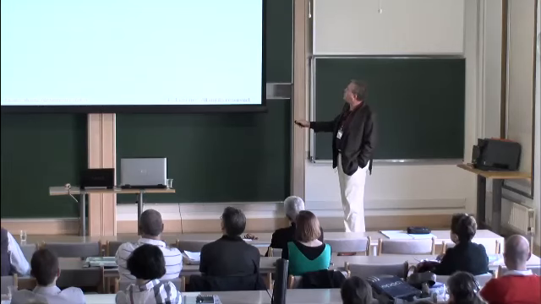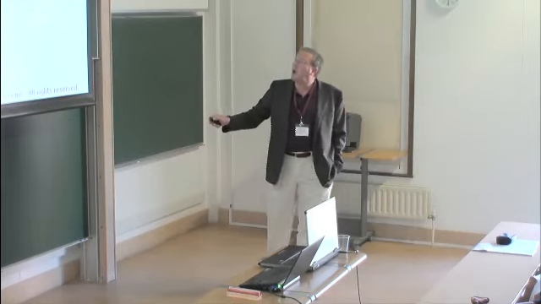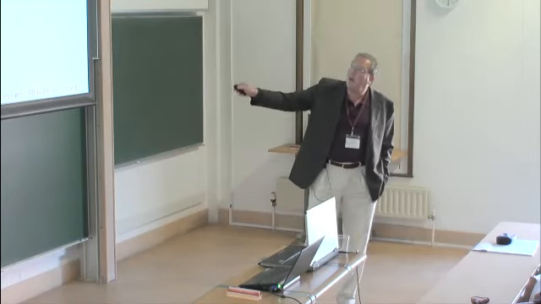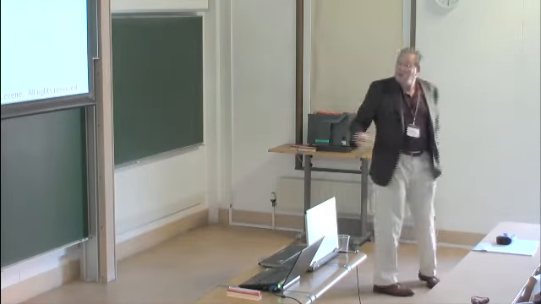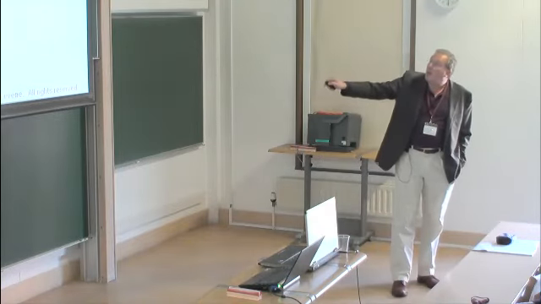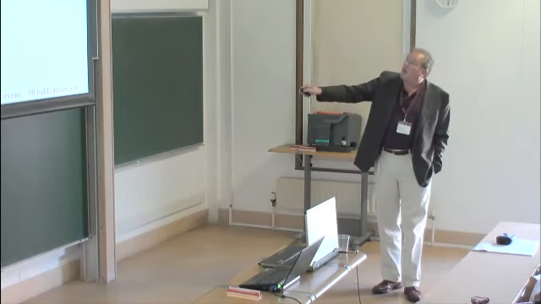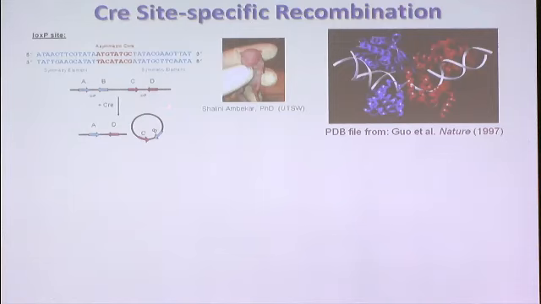So if you have two copies of this LOXP site on a single DNA molecule in direct orientation, as specified by the non-repetitive elements here, the asymmetric core, then when you take this linear piece of DNA, incubate with Cre, what you expect to get as products are a linear molecule and a circle.